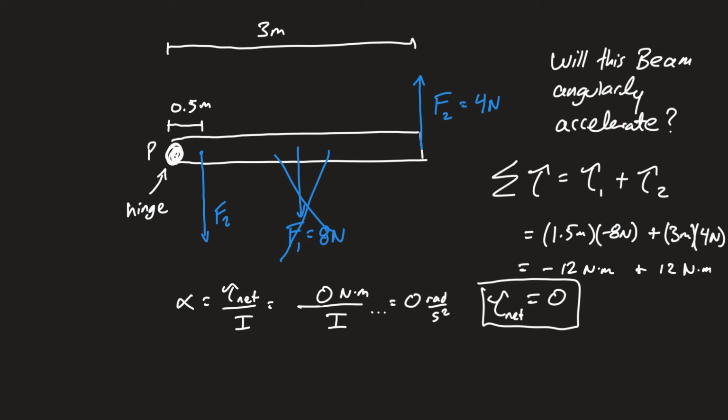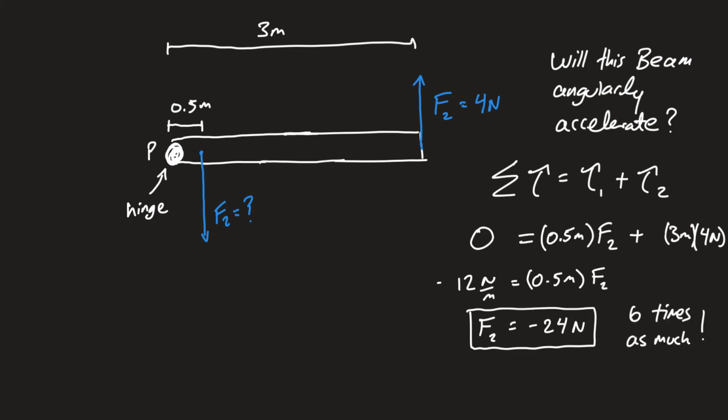Figure out what size force 2 now has to be. And I'll give you a hint. It's going to be much larger in order to support this beam so that it doesn't move at all. And by the way, we will keep this force now at 4 newtons over here. So this term will be the same, 12 newton meters over here, and now we're playing around with this term. All right, so pause it and see if you can figure it out.